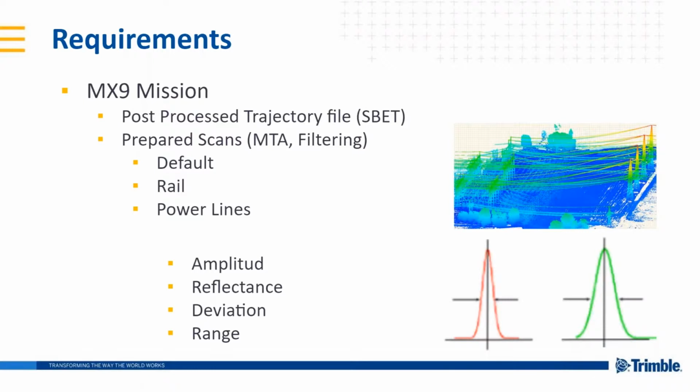And talking a bit about the theory of the laser beam attributes, we will use, for example, the amplitude to identify and classify the laser beam by comparing the emitted pulse and the returning echo.